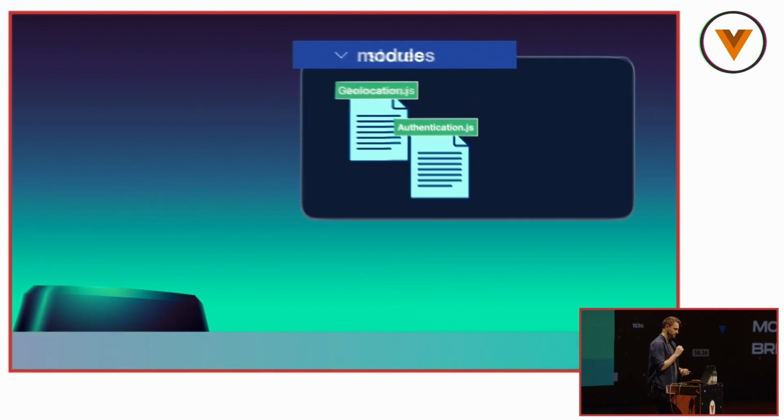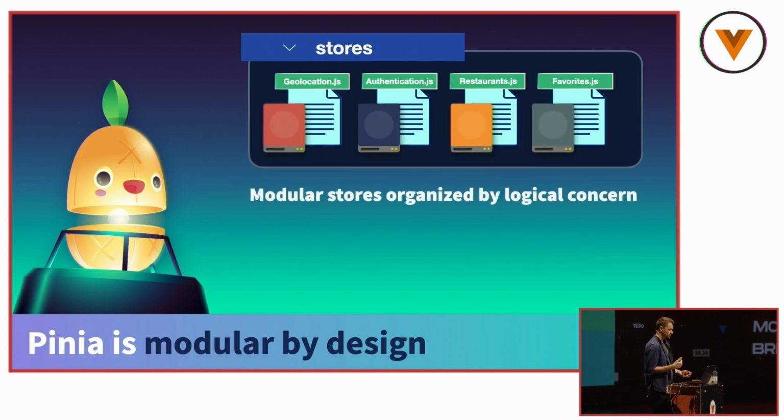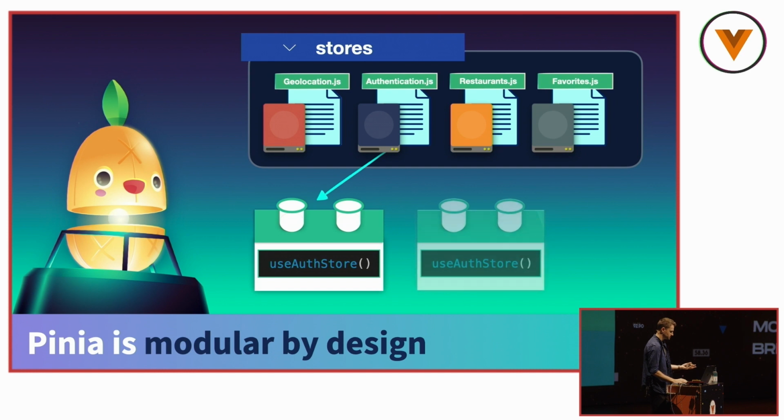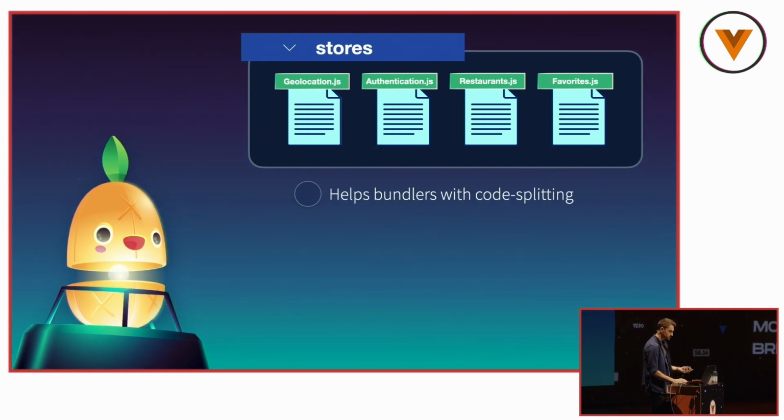Conversely, with the Pinia API, we have stores that are devoted to those major logical concerns of our app, and then we can essentially import those stores wherever they're needed. So for example, this auth store might be needed in multiple components.